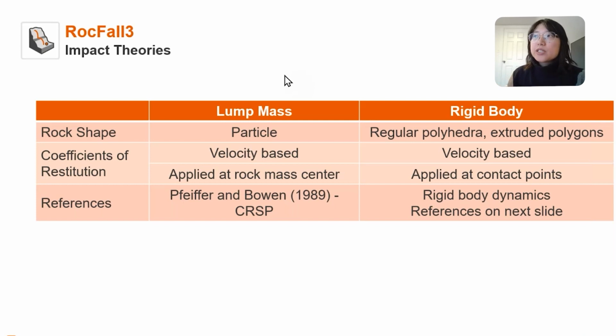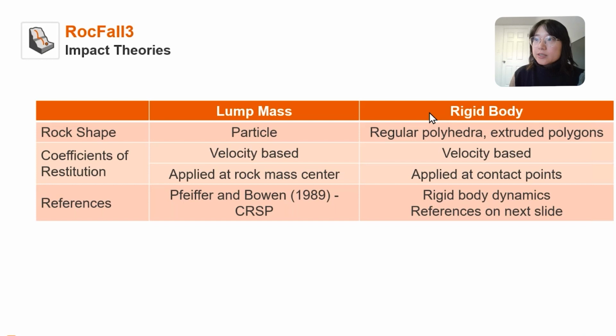The impact theories behind RocFall3 are lump mass and rigid body. In lump mass, the rocks are modeled as particles without shape, and in rigid body, the rock shapes are explicitly modeled. And the 3D rock shape library includes regular polyhedra as well as extruded polygons.